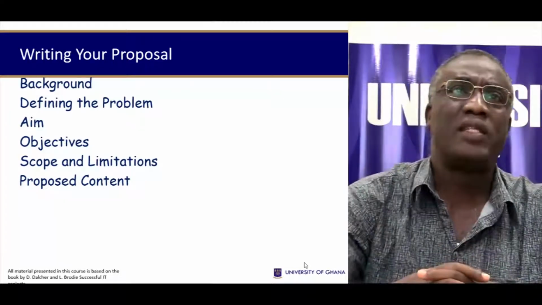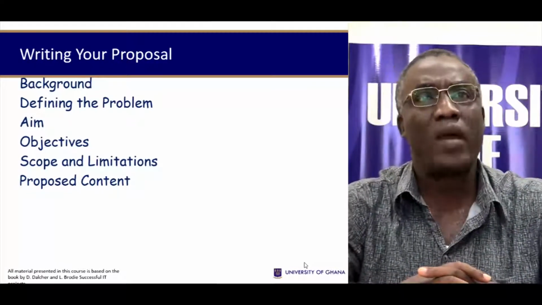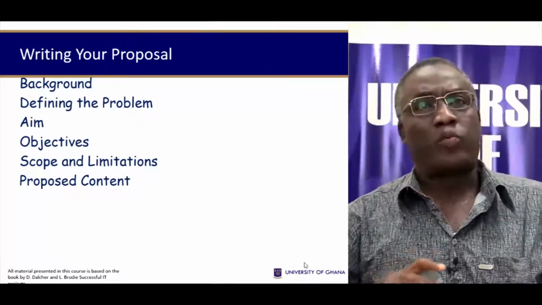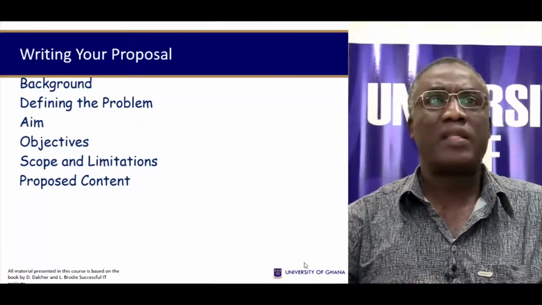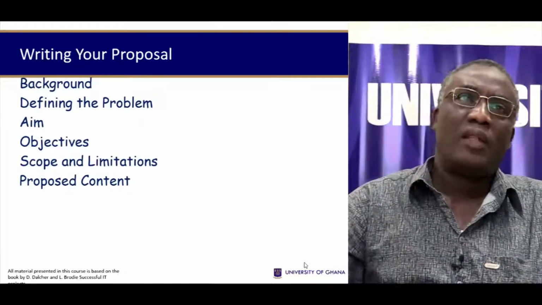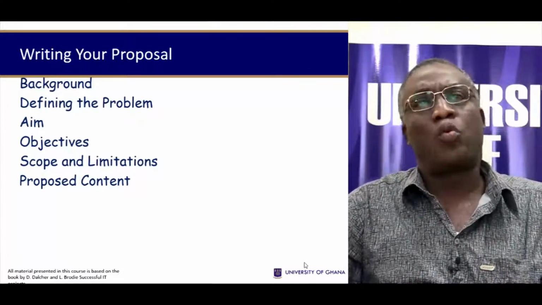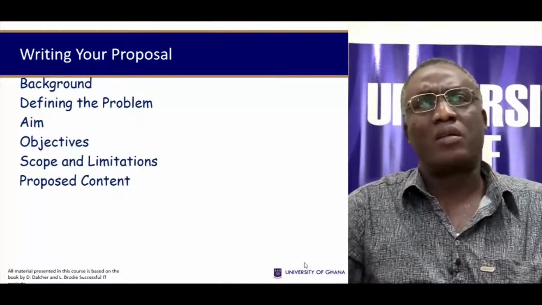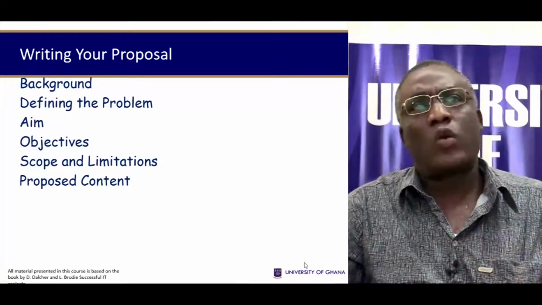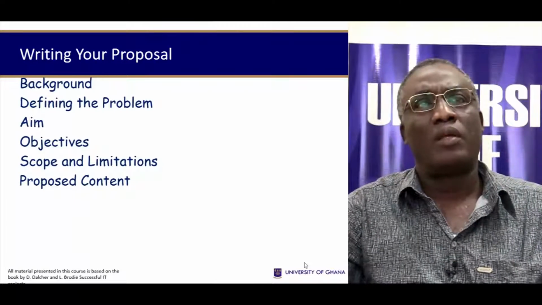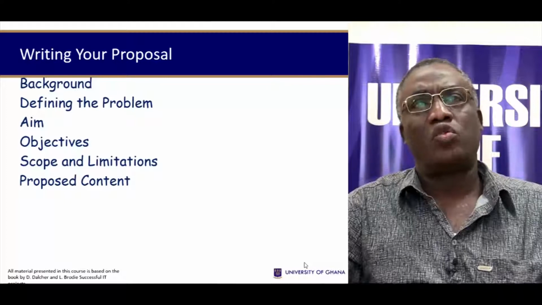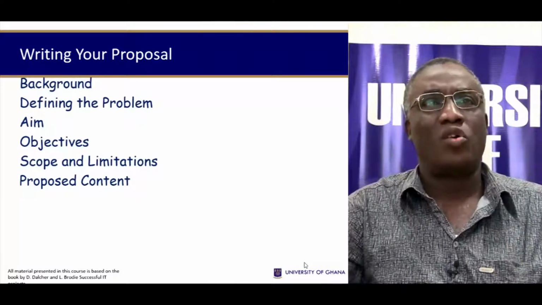Now, once you've got the idea, you need to write your proposal. Actually, there are two forms of proposal that are required at this stage. The first is called the first cut proposal, which is just maybe a paragraph or half a page of what your idea is, what you intend to do. This you can discuss with your tutor or your lecturer to get the go-ahead.